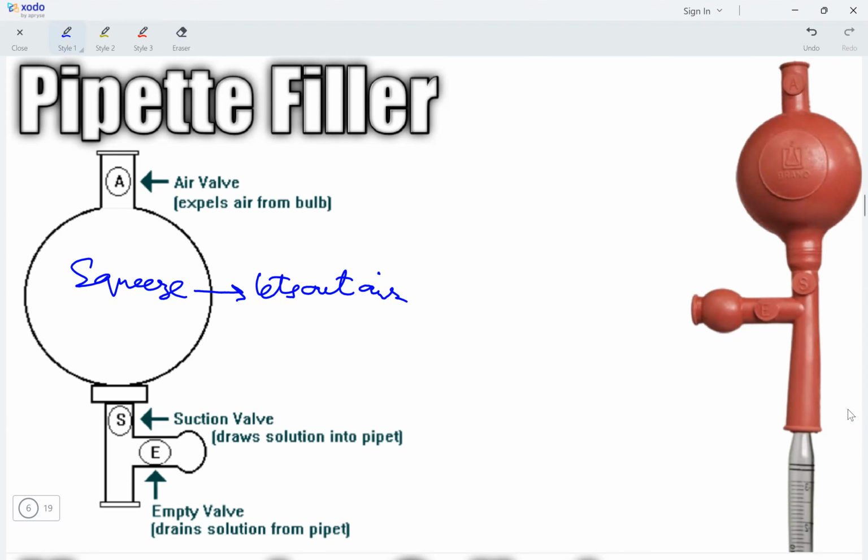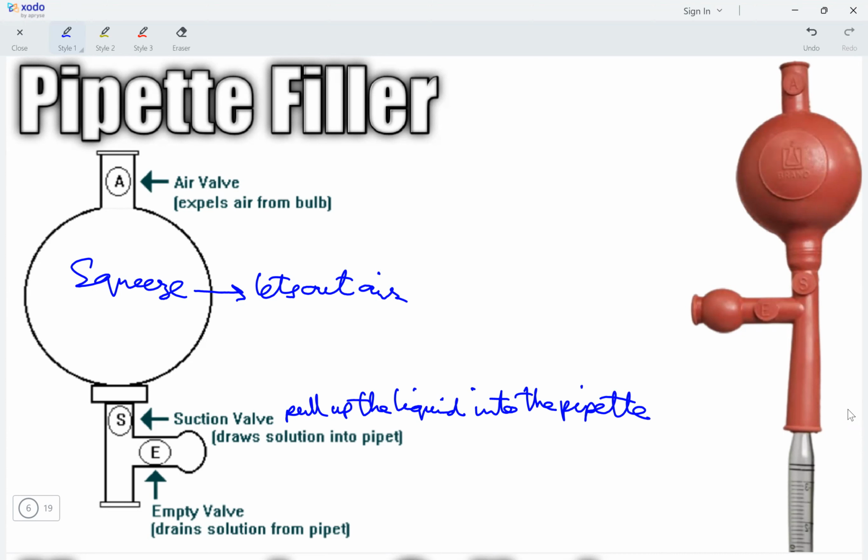The suction valve is the one we press to pull up the liquid into the pipette, and obviously we stop at the mark where we need to fill the liquid up to.